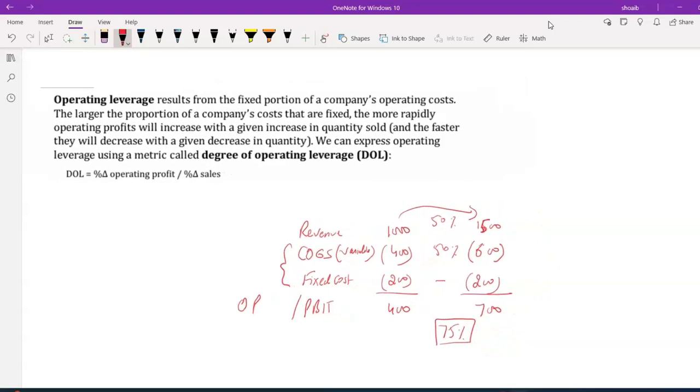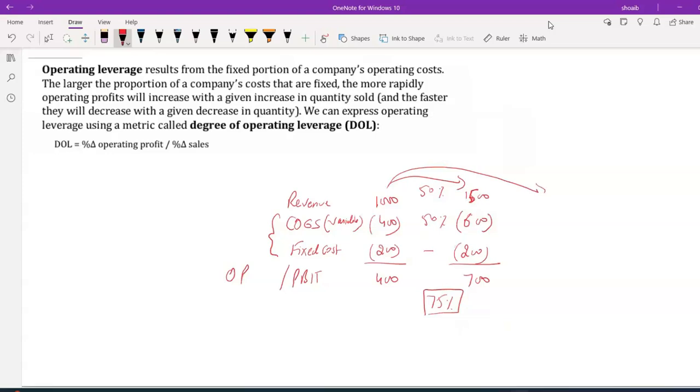Okay. For example, if your sale decreased by 50%, 500. Variable cost which is linked with the sale will also decrease by 50%. 200. But the fixed cost will remain fixed. 200. So this is scenario number one, scenario number two. Revenue has decreased by 50%.